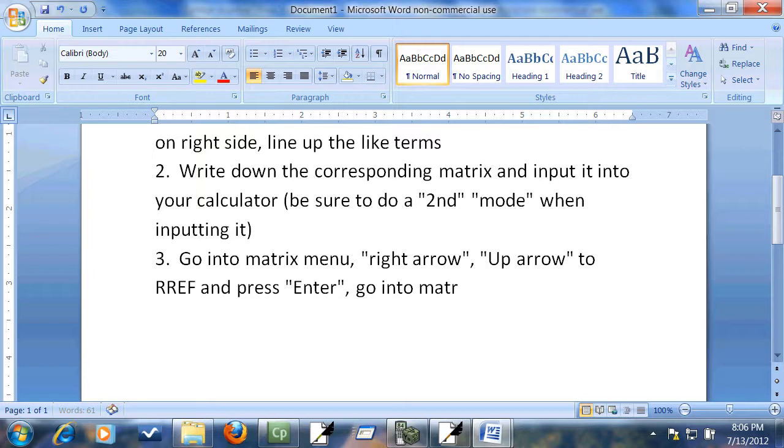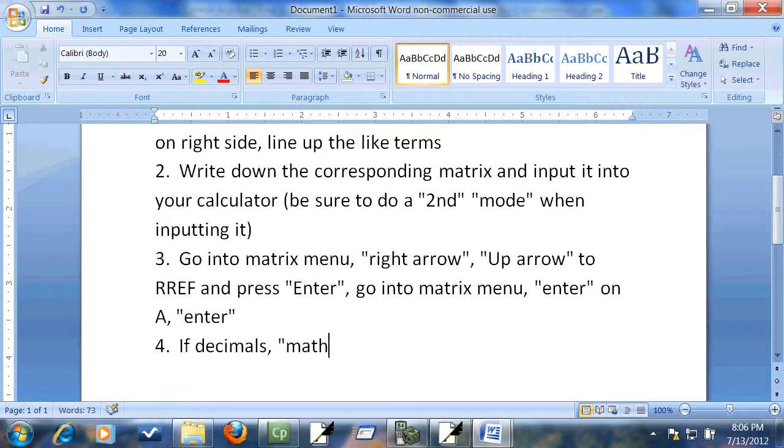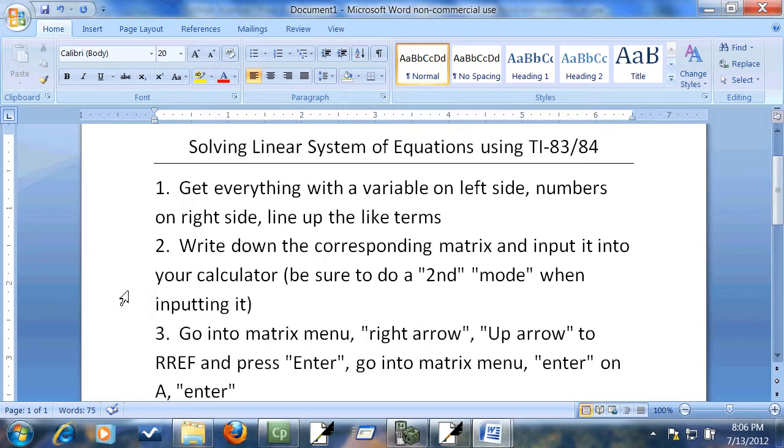Go into the matrix menu, enter on A, enter again. Step 4, if decimals, math, enter, enter. So let's look at these steps.